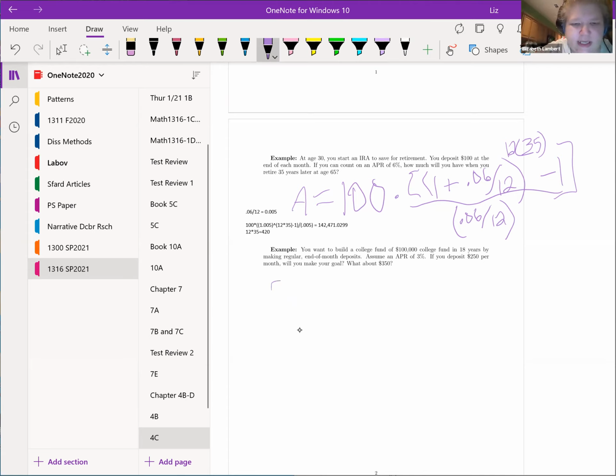So right now we're going to see, is 250 enough of a payment? 1 plus, now it's 0.03 over 12, which will be half again as small as the 0.005, so it's going to be 0.0025. And we have 12 times 18 is that power. Don't forget the -1. And that is all over our same 0.03 over 12.